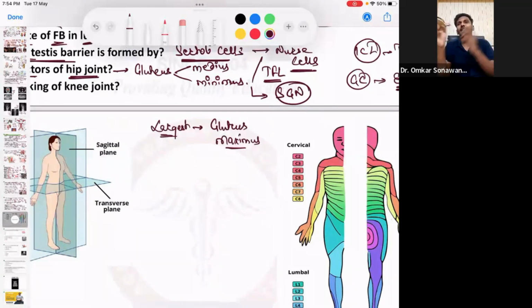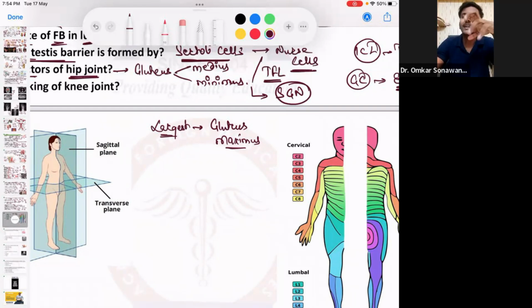Gluteus maximus causes extension of the hip.